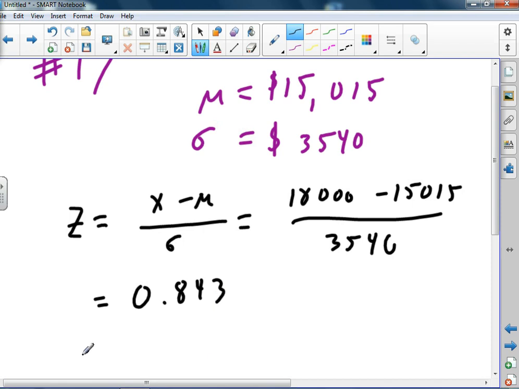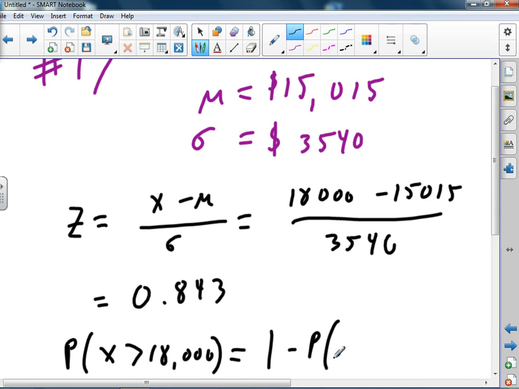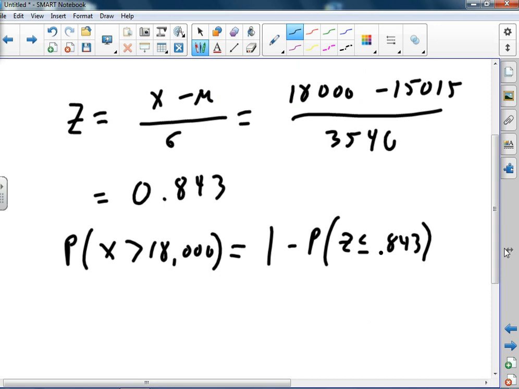So now I want the probability that x is greater than 18,000, which is 1 minus the probability that z is less than or equal to 0.843.